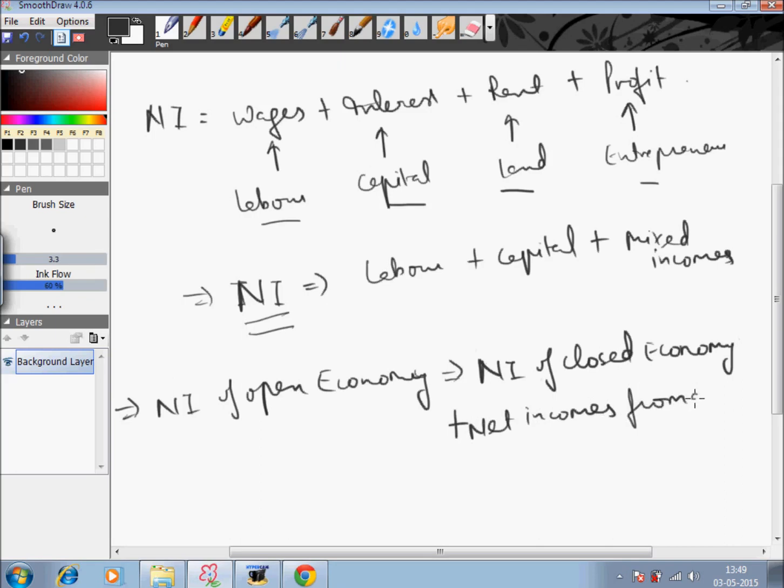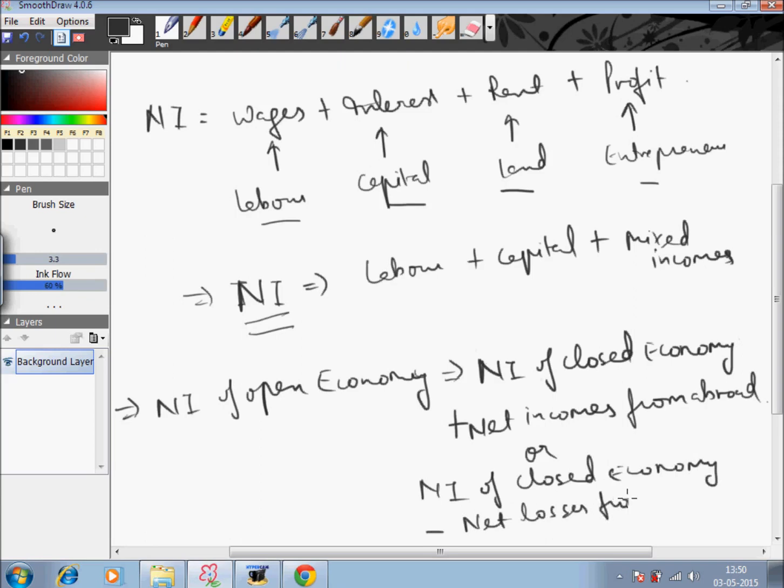from abroad, or if there are deficits, then we deduct the net losses from foreign transactions in order to get the national income of an open economy.